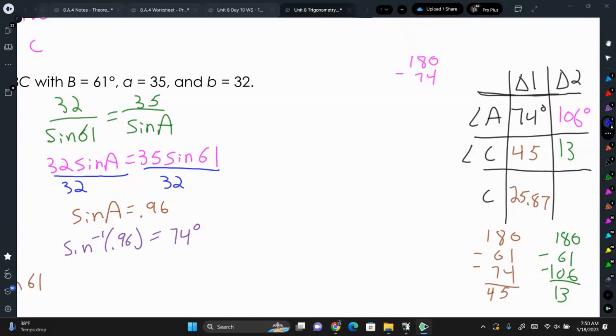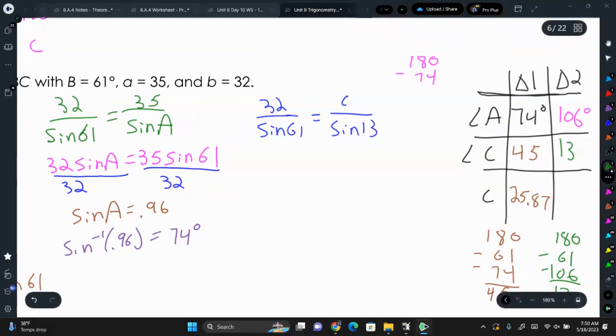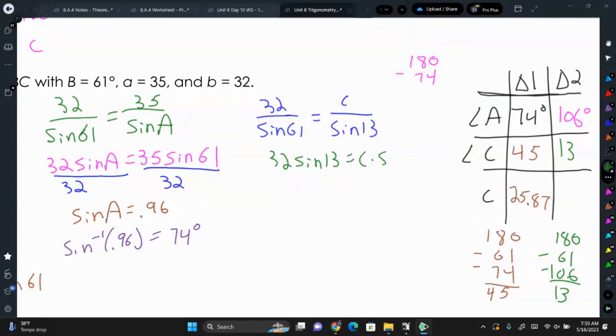All right, so now we're going to do, again, with the other triangle. So 32 over the sine of 61 equals, we don't know what C is, but we know that the angle is 13. Cross multiply, 32 times the sine of 13 equals C times the sine of 61.